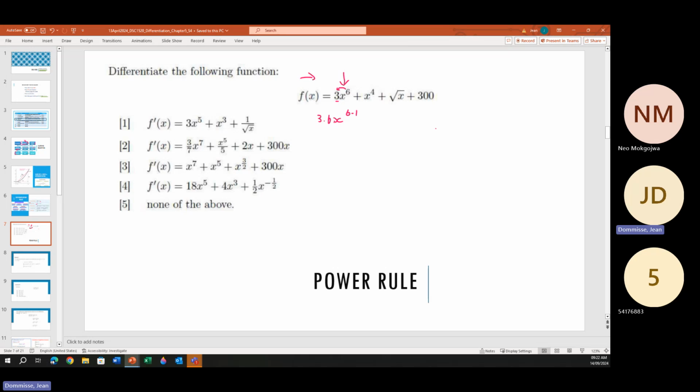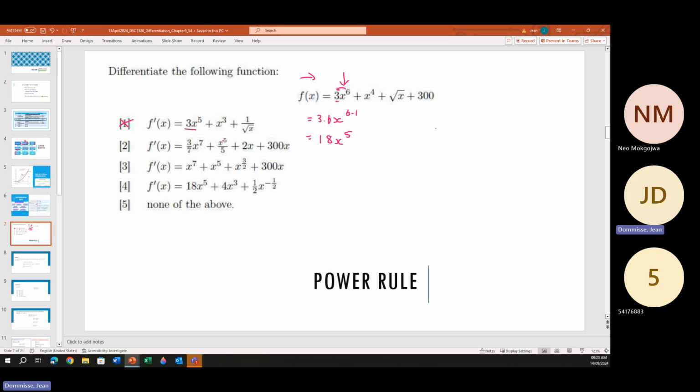So if we just quickly work that out, 3 times 6 is 18, x, and 6 minus 1 is 5. Okay, so I could now already look at my options, and I see this is 3x to the power of 5, so that is wrong.